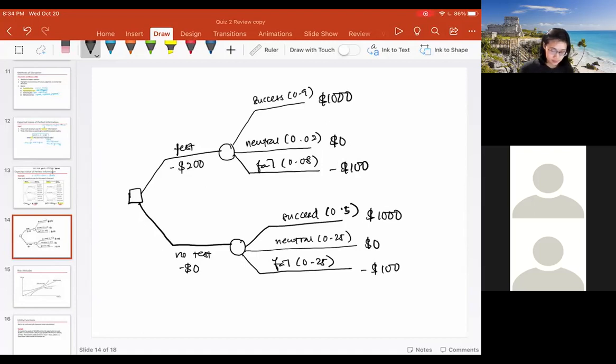Usually the question won't give you this value, or they'll ask, is it worth doing the test?